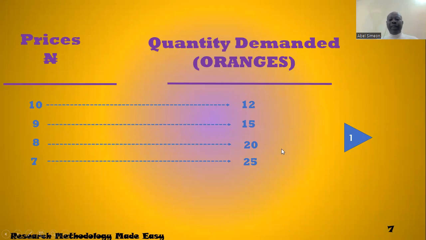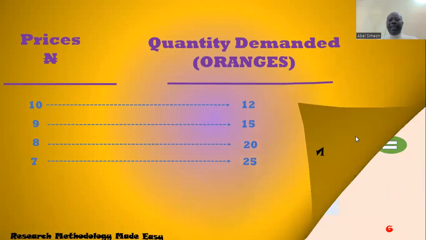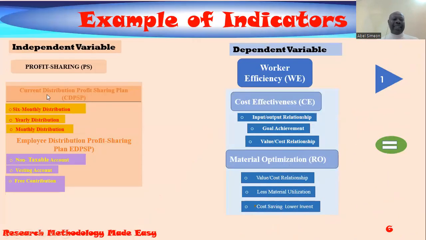At 7 naira, 25 oranges were demanded. Very easy to do the correlation. But in sociometric data like this, where you're talking about yearly distribution, monthly distribution, or vesting account, or free contribution, how do you relate it to input-output relationship, goal achievement, value cost relationship?